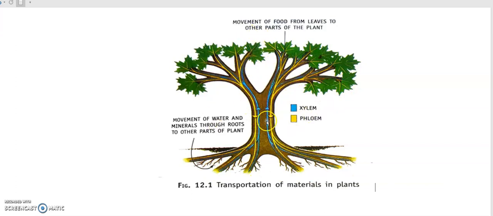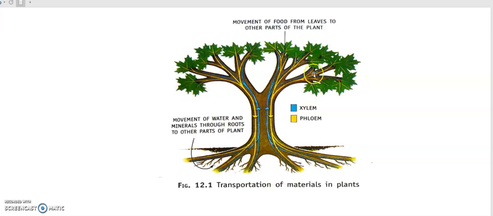All the parts like branches, leaves, fruits, trunk are growing. How is that possible? We are watering the plants here and all these parts are growing properly.